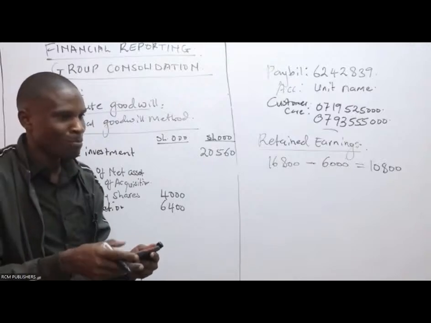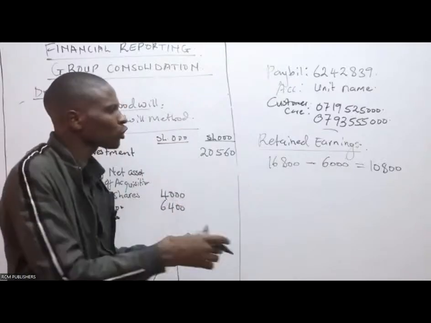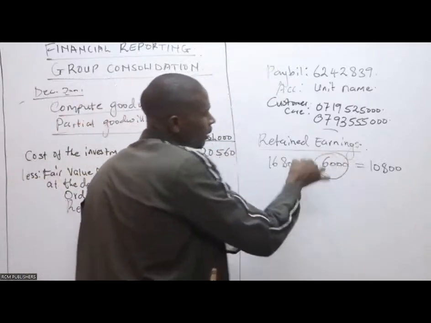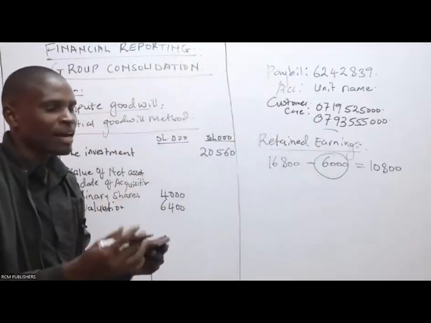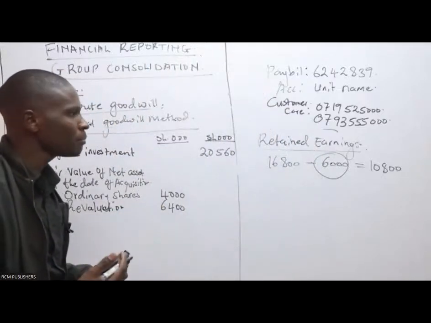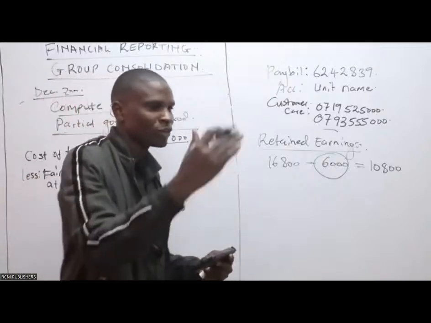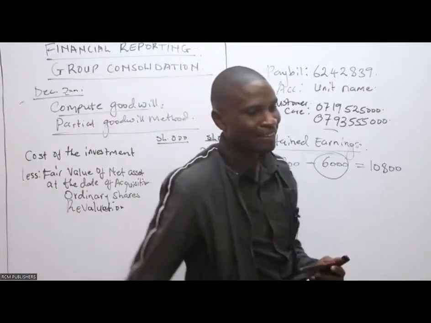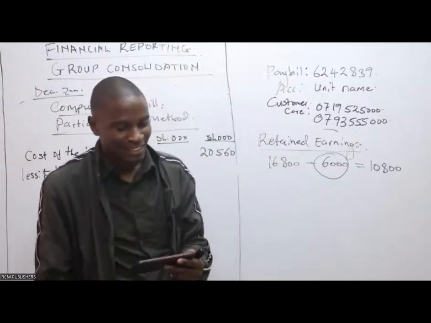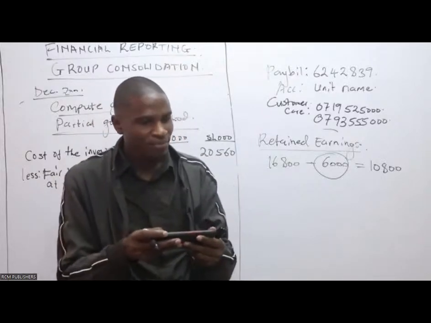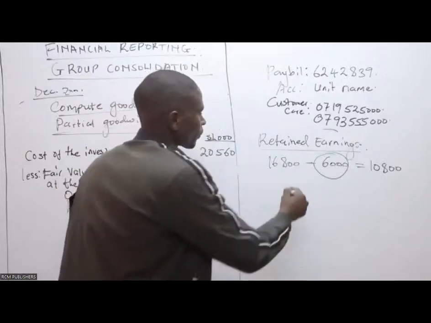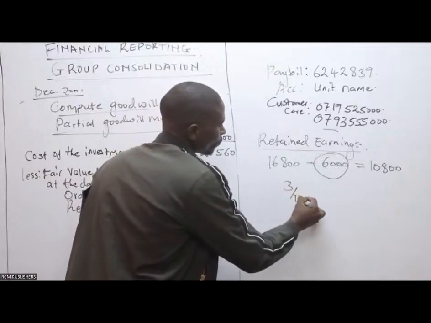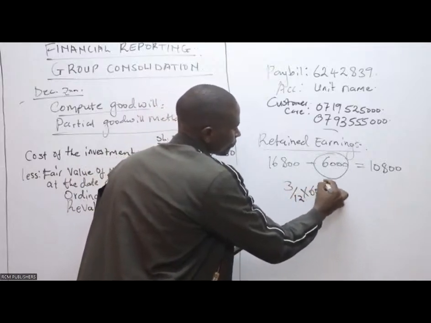Now, I have 10,800. But now, there is a portion of this profit that my company will have. Ni portion ya ngapi? Tell me 3 over 12 over 6,000 unapata nini?